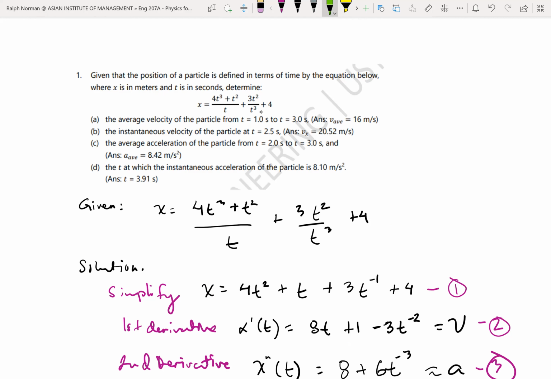We're being asked several things here. The first is the average velocity between t of 1 second and 3 seconds, the instantaneous velocity at a particular time t, and the average acceleration of the particle between t of 2 seconds and 3 seconds, and of course, the instantaneous acceleration. It's just an exercise of understanding the difference between average and instantaneous velocity.